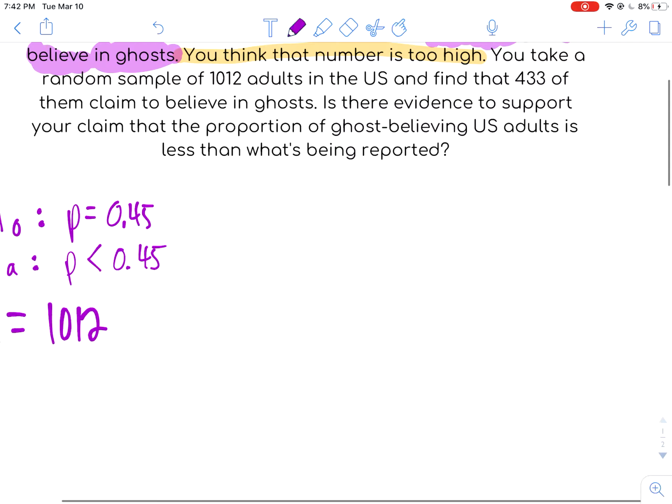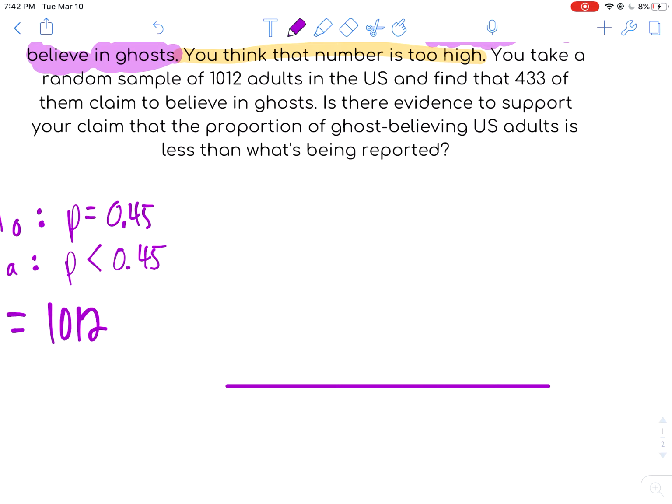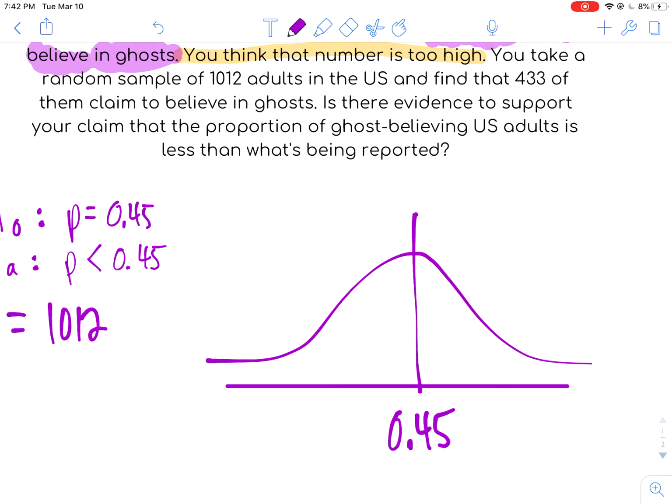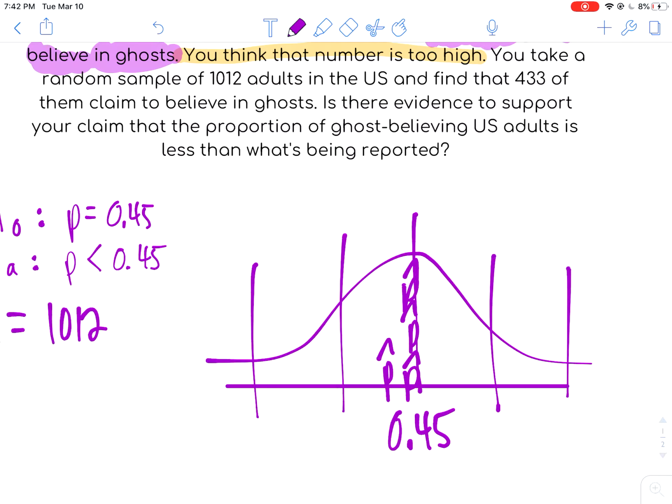Because I'm going to create a sampling distribution, a collection of possible statistics I could get if the parameter is actually 45%. So if it's really true that 45% of people in the United States believe in ghosts, and I do a sample size of 1,012, I could get that 45%. But I probably won't. It's not that likely.